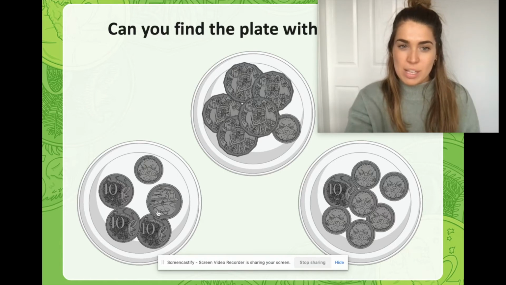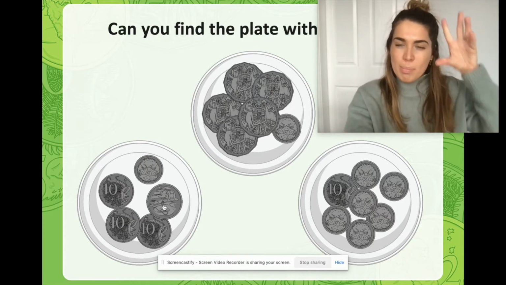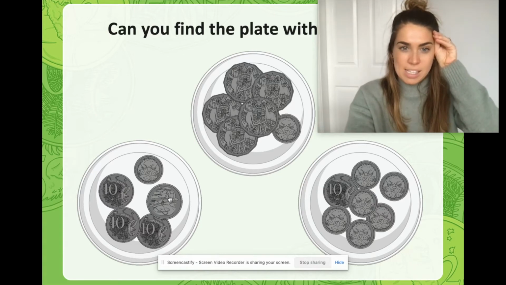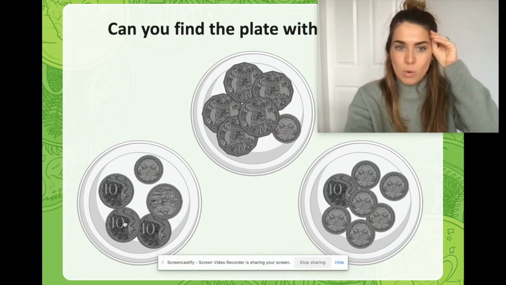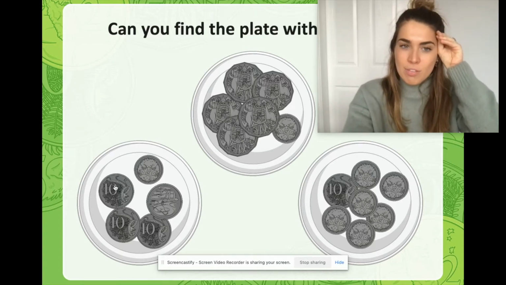First, I'll count the 20 cents, then I'll count the 10-cent coins, and last, I'll count the smallest amount, the 5 cent. So I need to hold the biggest number in my brain, 20. Now I'm going to count on 10s, and I know my skip counting by 10s to help me. After 20 comes 30, 40, 50.